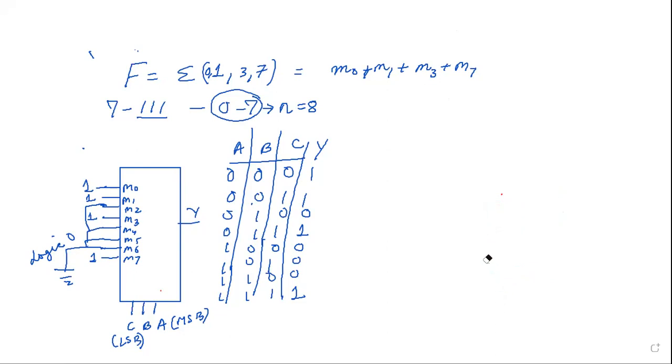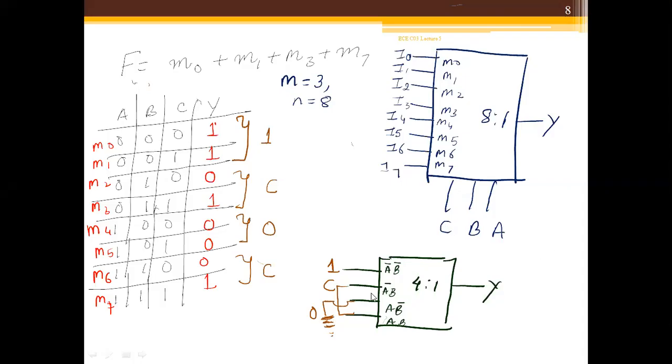let's redraw that. So what we can do is, here we are going to divide the truth table. In any one variable we can divide. Normally it is the LSB or the MSB, either you can choose. So in this case, we're going to choose C variable as the LSB. Because I now want to reduce my number of variables from 3 to 2, because an 8:1 multiplexer has 3 select lines.